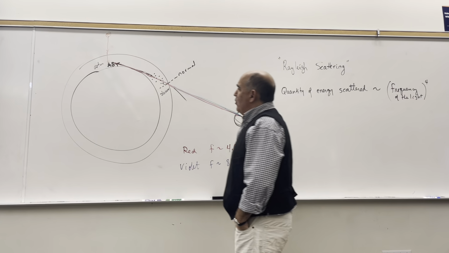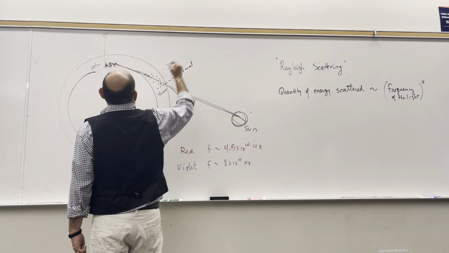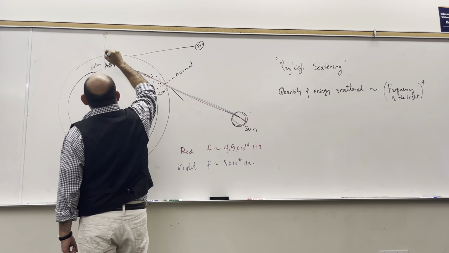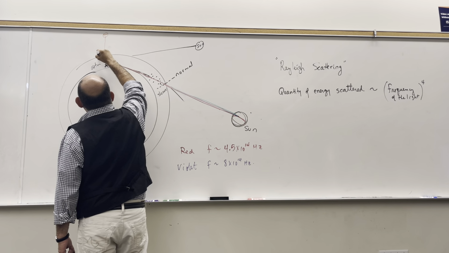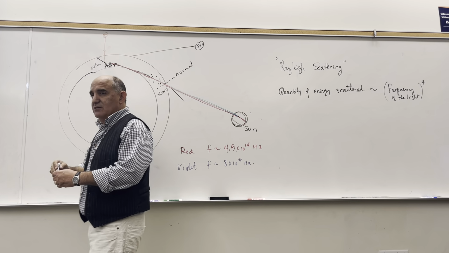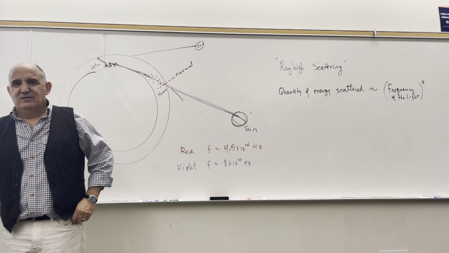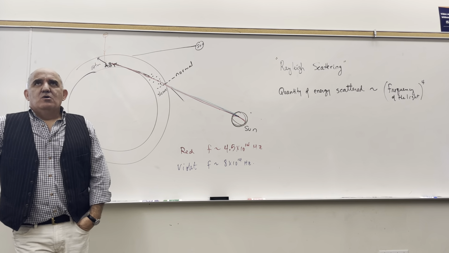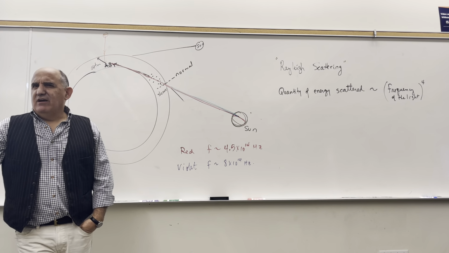So if the sun is over here, for example, the light coming in like this, and there you are, but you look this way. What's the color of the sky? Blue. And let's say it's not cloudy. Why not violet?